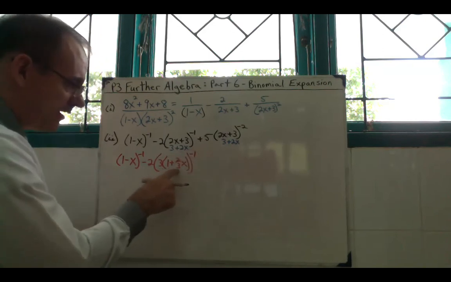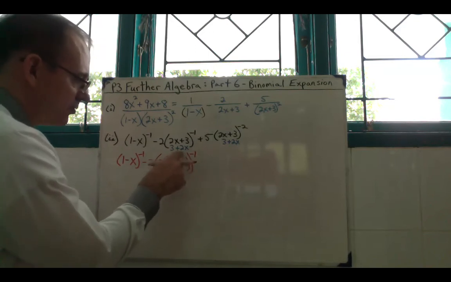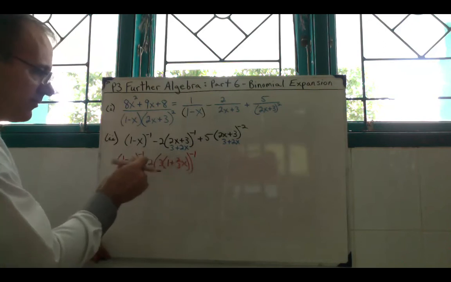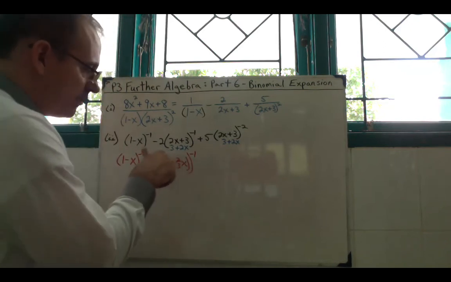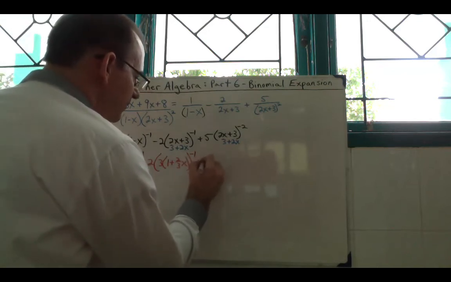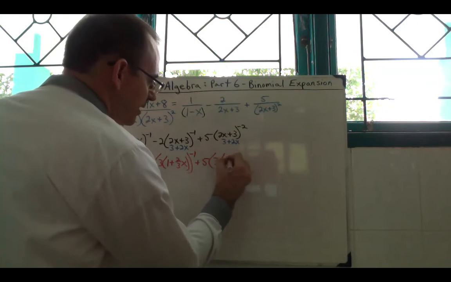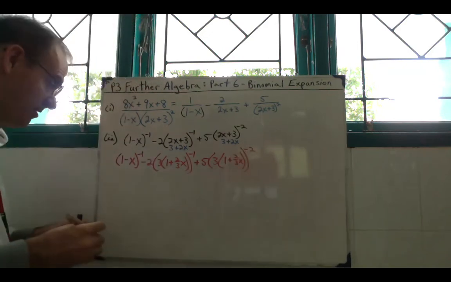Again, remember that factoring is division. 3 divided by 3 is 1. 2 divided by 3 is 2/3. So we're factoring or dividing the 3 out so that we have that 1 in front of our binomial, plus 5 times, and this is the same thing, take out the 3, 1 plus 2/3 x, and this one is to the negative 2nd power.